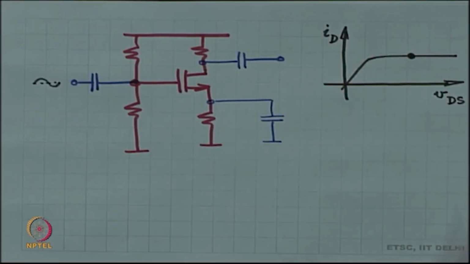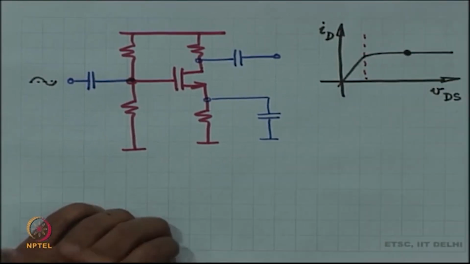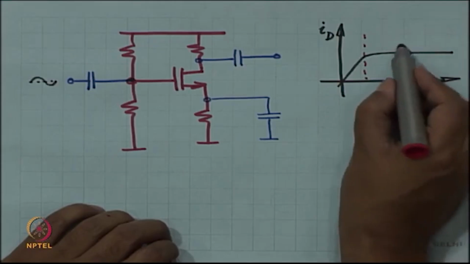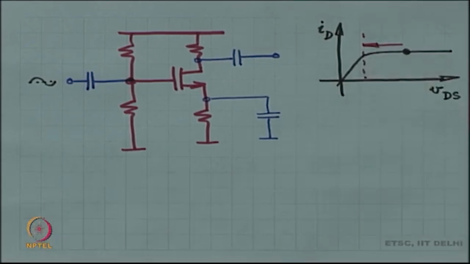So, the largest change in the drain to source voltage that you can have is so much. Beyond this you are not allowed to change the drain voltage. So, that is one extreme.